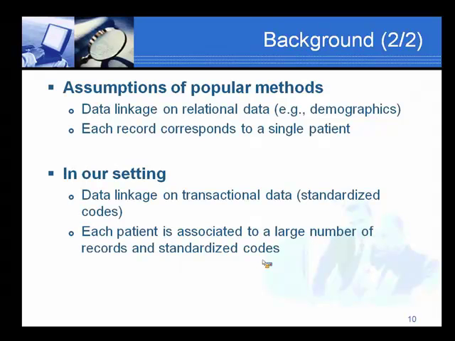First, we consider transactional data, data in which a patient is associated with a set of diagnosis codes. Furthermore, for each patient, this set of diagnosis codes is very large. Instead of having 2 or 3 or 5 demographic attributes, we have thousands of different diagnosis codes, and also a patient is associated to a large number of records.